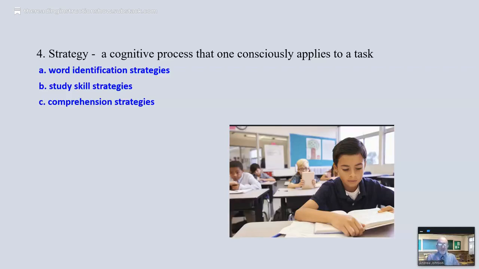You consciously say, I need to use this strategy. Word identification strategies. You realize you don't recognize that word, so you consciously say, I need to use this strategy. Same with a study skill strategy. I need to use some strategy. I'm not comprehending. I need to employ a comprehension strategy.